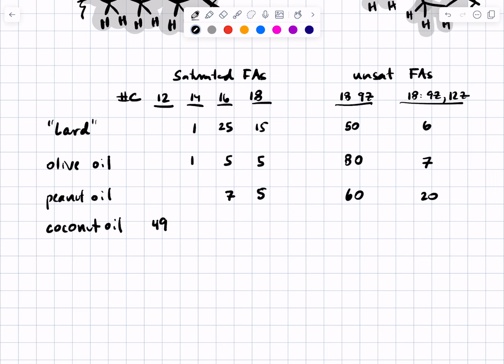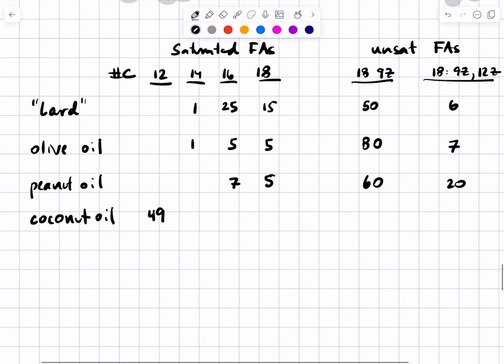None of them have had a lot of the 12 carbon. About 8% 14, 8% 16, 2% 18, only 6% mono and polyunsaturated fatty acids. So this is why coconut oil is a solid at room temperature.